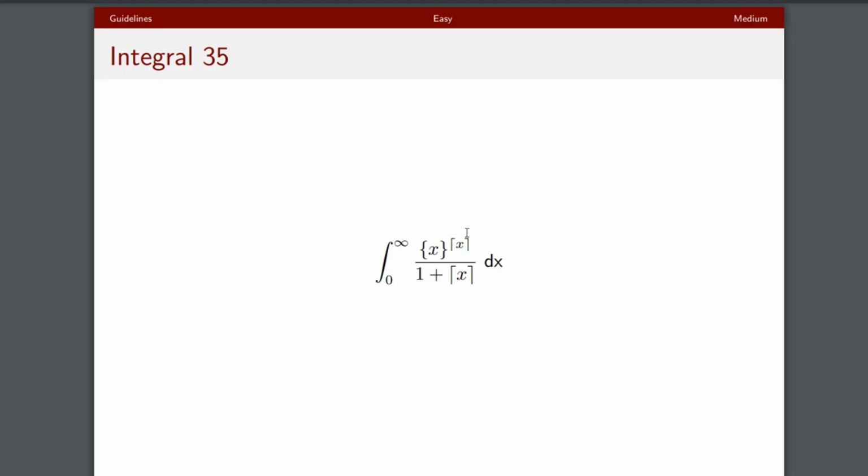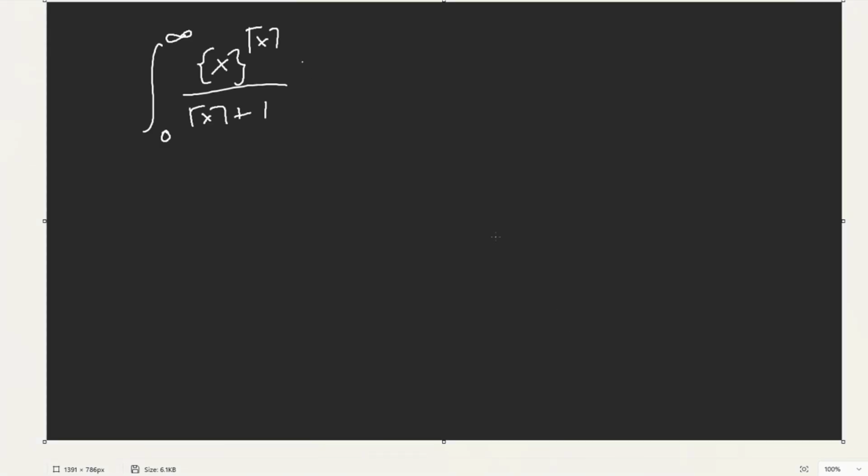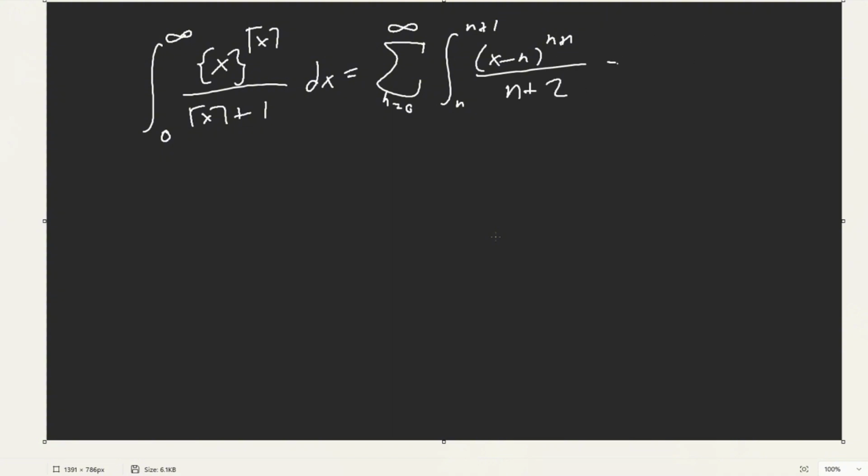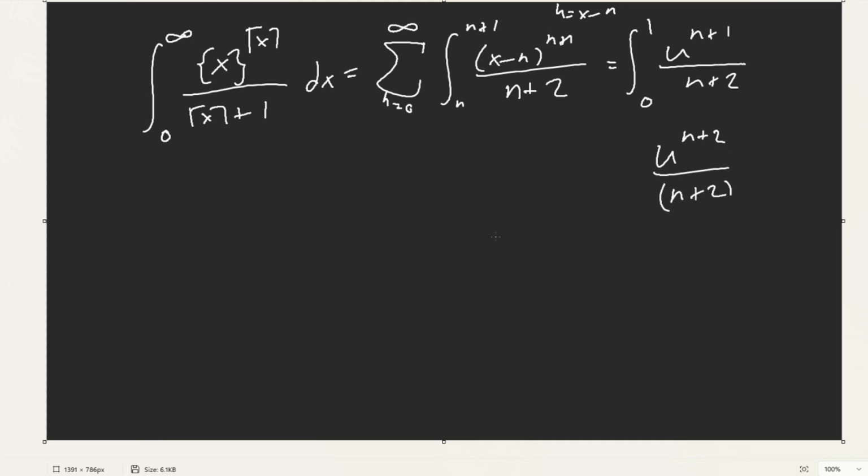Fractional parts. Okay. Oh god, here we go. So we're going to let n equal to 0, and n plus 1, x minus n, plus 1, and then we have n plus 2. This is equal, let u equal x minus n, we get this from 0 to 1, and we end up with n plus 2 squared.